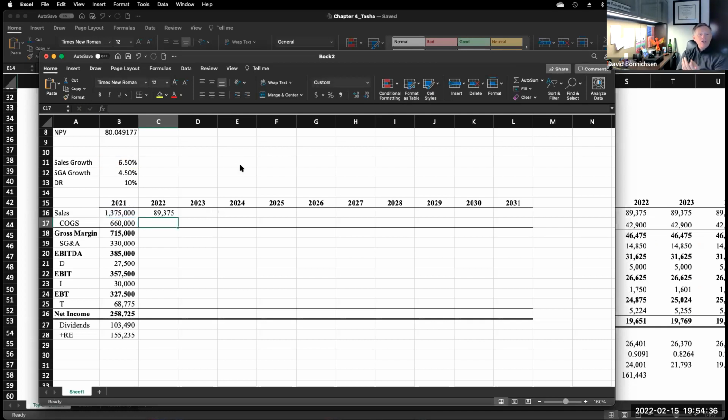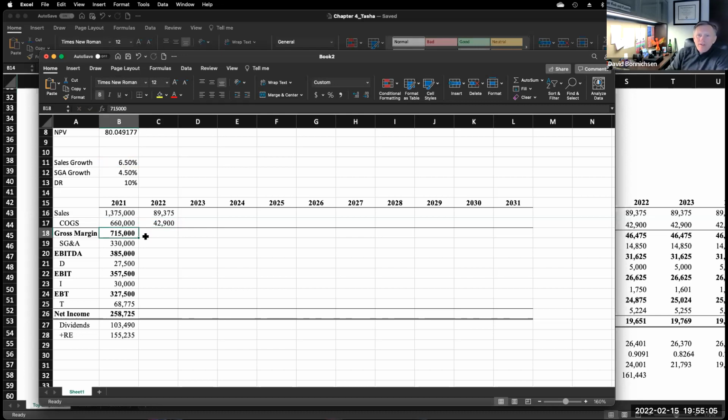Okay, so the project is going to add $89,375 in additional value to Tasha's firm. Okay. And now we also know that cost of goods sold varies with sales, so we can do the same thing. Okay.